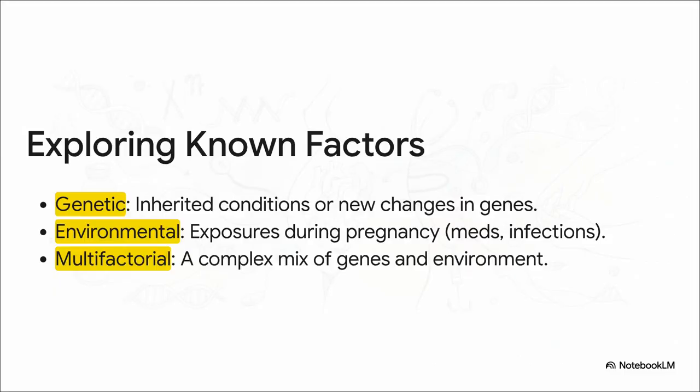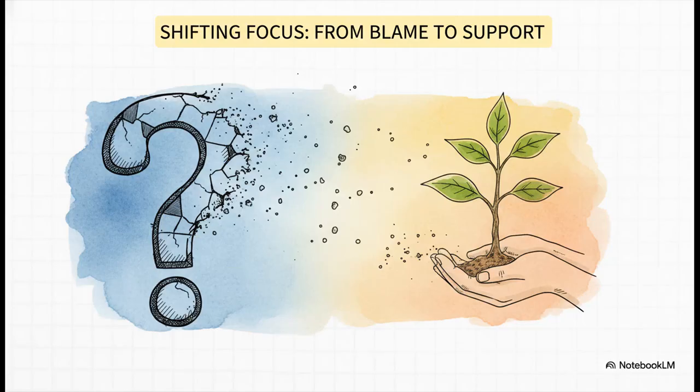So, for the cases where we can pinpoint some factors, they tend to fall into these groups. Genetic could mean something that's inherited, or it could be a brand new spontaneous change in the genes. Environmental usually refers to exposures during pregnancy. And that last one, multifactorial, that's the most complex of all. It's that really intricate dance between our genes and the world around us. And this right here, this is probably the single most important takeaway from this entire explainer.